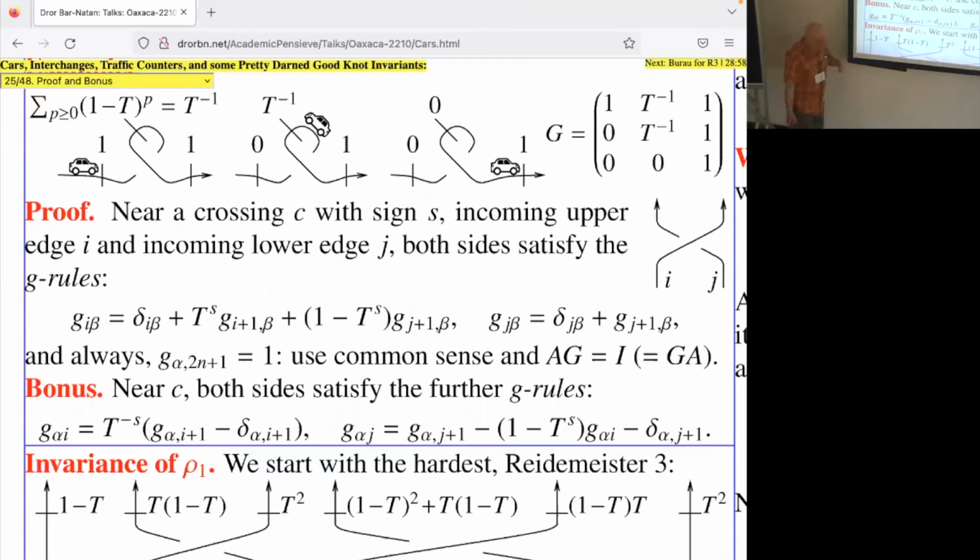Basically, what I'm telling you here is, ignore the Kronecker delta for a minute.